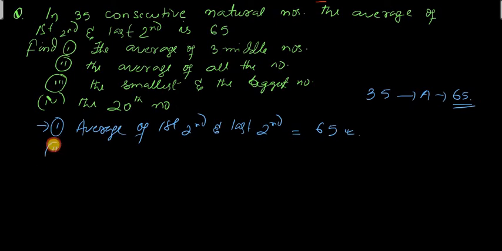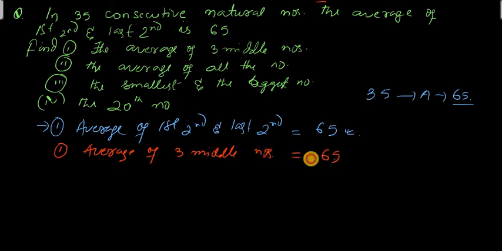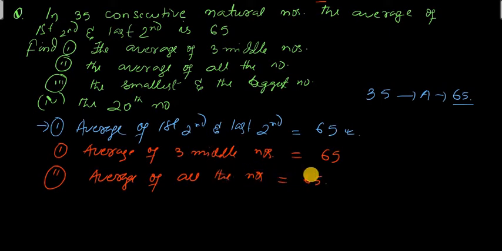Question number 1: the average of the three middle numbers equals the average of all the numbers, which is 65. When I say the average of the first and last, the second and second-last, and the three middle numbers, it is the average of all of them.